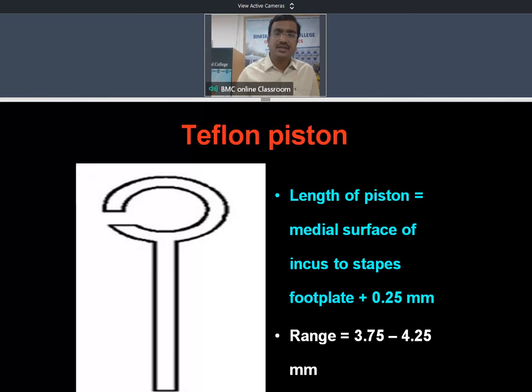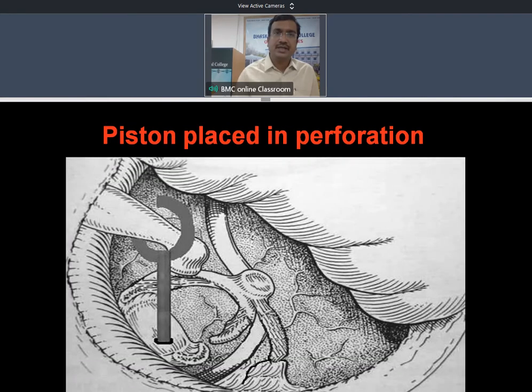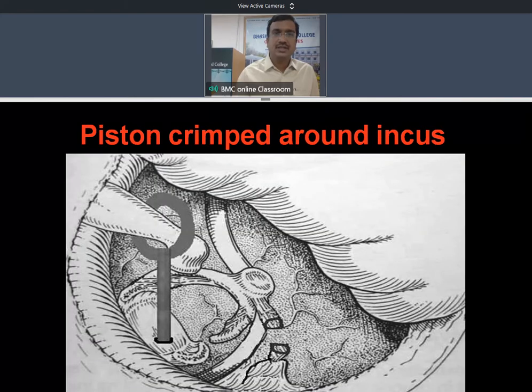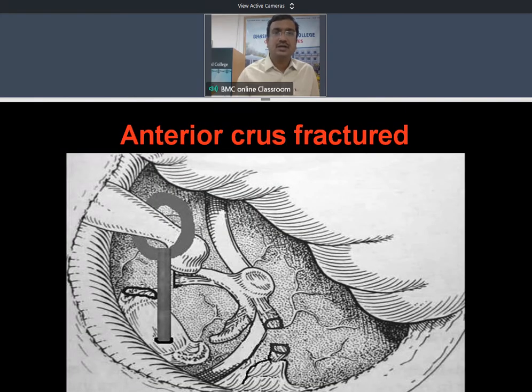The normal range is 3.75 to 4.25 millimeters for the piston placed after removal of the superstructure. After placing the piston, we cut the stapedius tendon, then remove the superstructure. Then we crimp the piston around the long process of the incus.